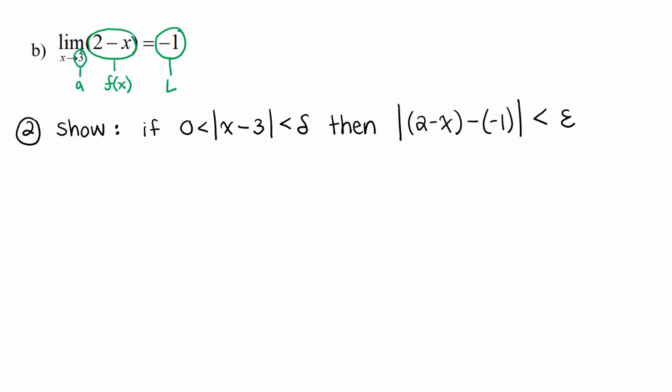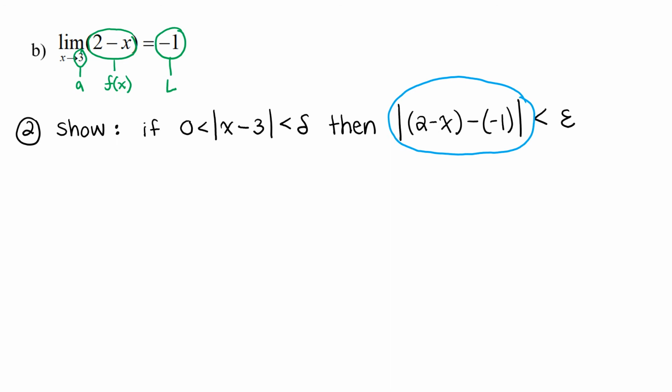So we need to come up with some value of delta that will always lead us to this inequality. And to find that delta guess, we're going to work backwards.